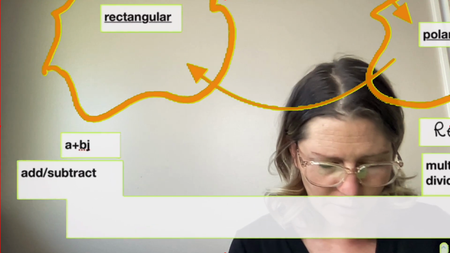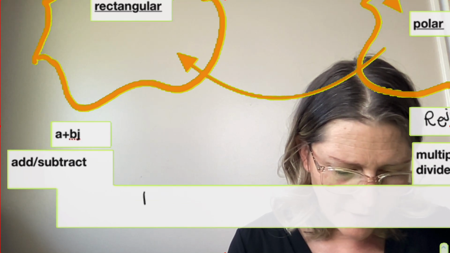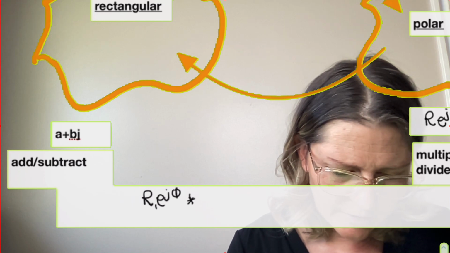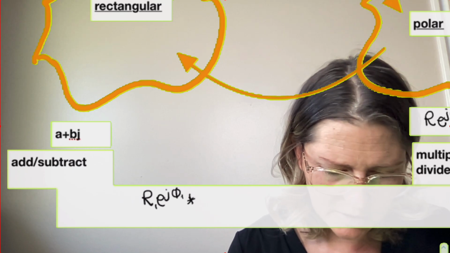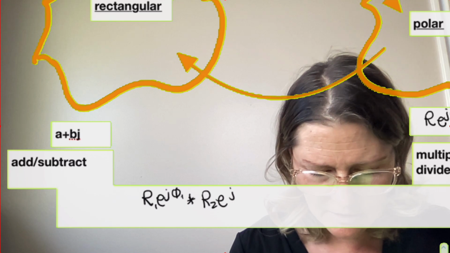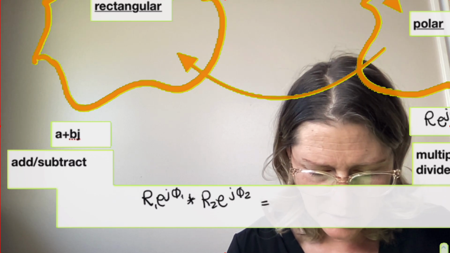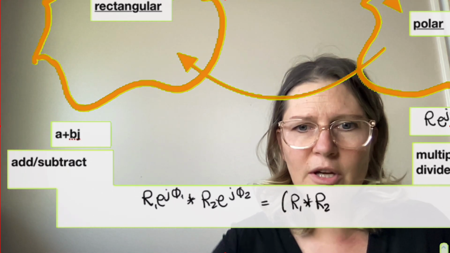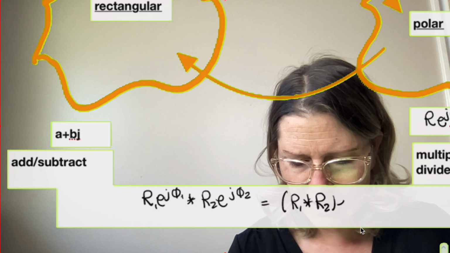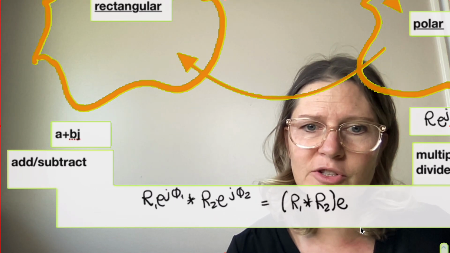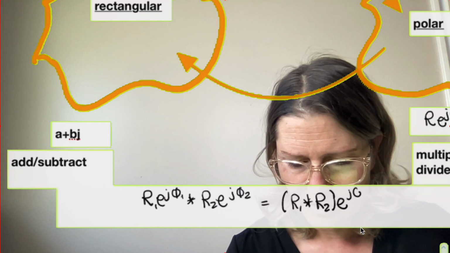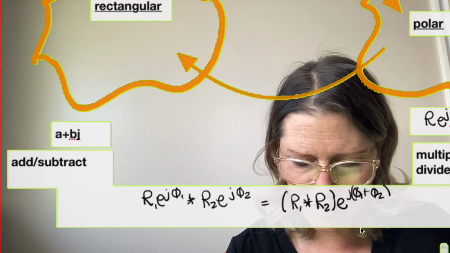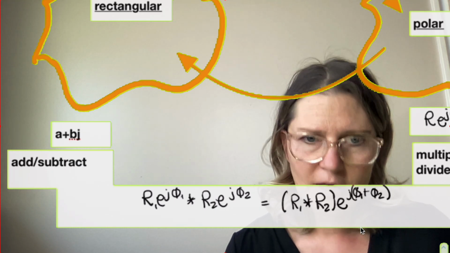So in this example, if I was to multiply these, I'll call this r1 e to the j theta 1, and then r2 e to the j theta 2, then this is just going to multiply the magnitudes r1 and r2. And then if you remember the property of the exponential, you can add theta 1 plus theta 2. So you could add the exponents together.